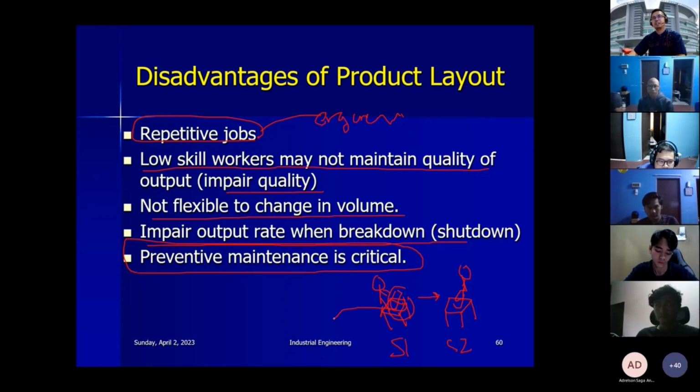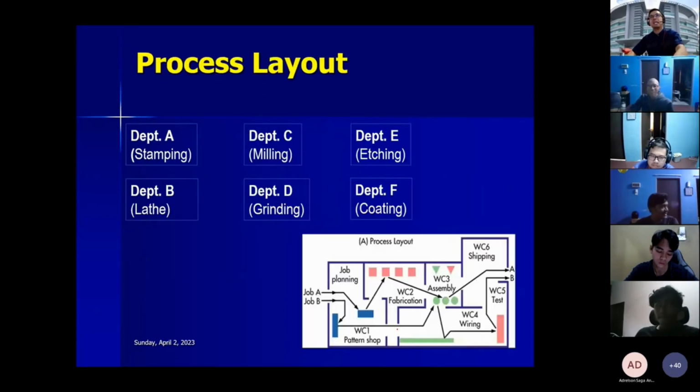So we want to focus on preventive maintenance for all these machines in order to keep this station or workstation in continuous operation. If there's a breakdown here, we cannot operate from section 1 to section 2. So section 2 will be waiting a longer time until the preventive maintenance has been implemented on station number 1. This is why preventive maintenance matters when using a product layout.